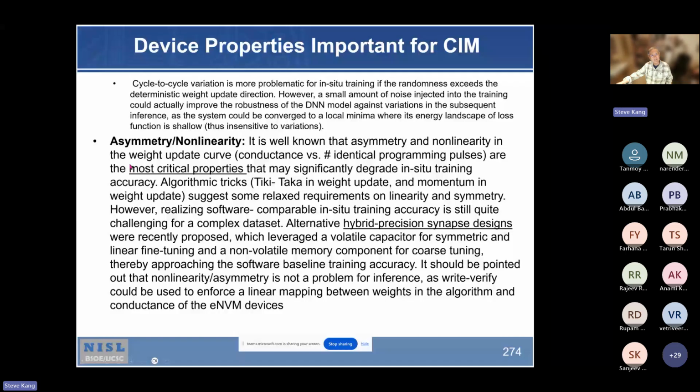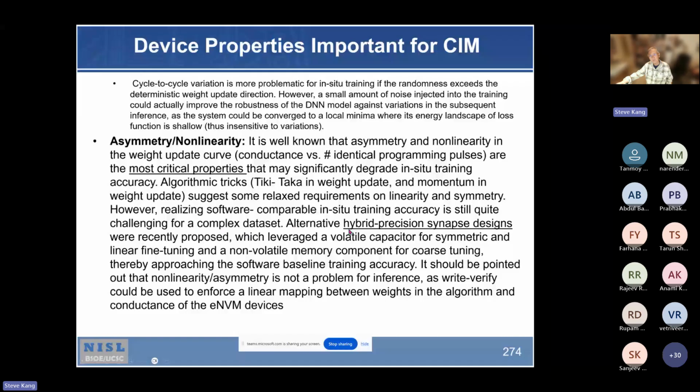It is well known that asymmetry and nonlinearity in the weight update curve are the most critical properties that may significantly degrade in situ training accuracy. Algorithmic tricks suggest some relaxed requirements on linearity and symmetry, but realizing software-comparable in situ training is still quite challenging because you have to operate in the software domain for a complex data set.